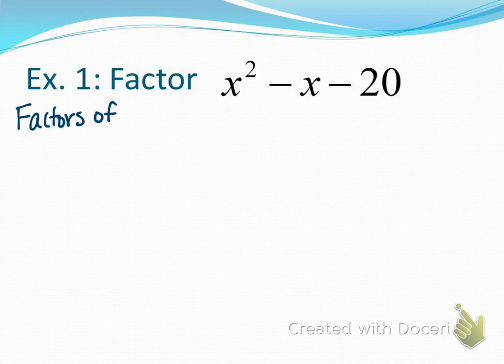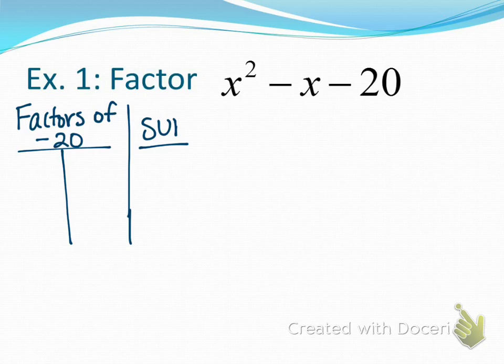It's not a negative 20. So we're finding factors of negative 20. And then after we find those factors, what are we going to do with them? Add them up, which means we are finding the sum.